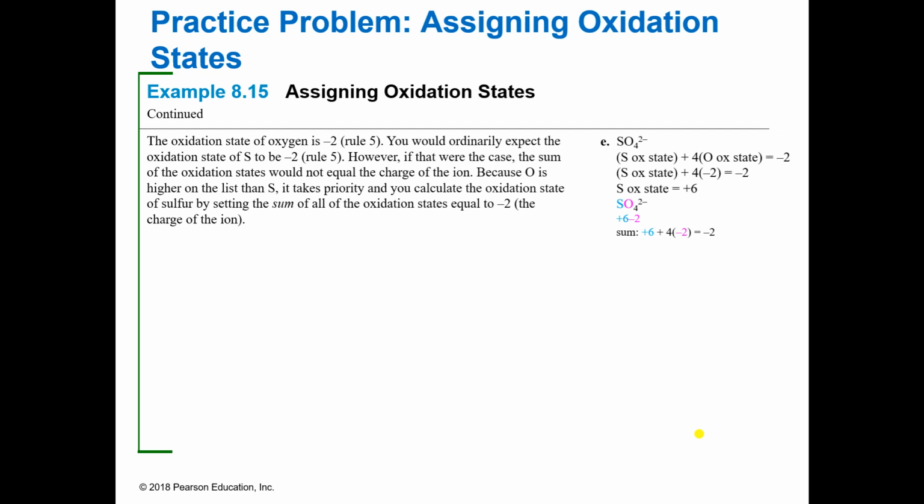So the oxidation numbers must equal that -2. If you just do the math, x minus 8 equals -2, so S is equal to +6. The oxidation number for the sulfur in sulfate is +6, and each oxygen is -2.